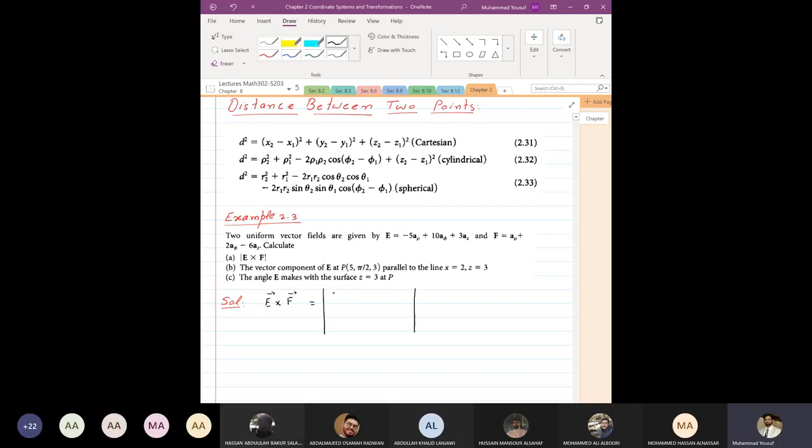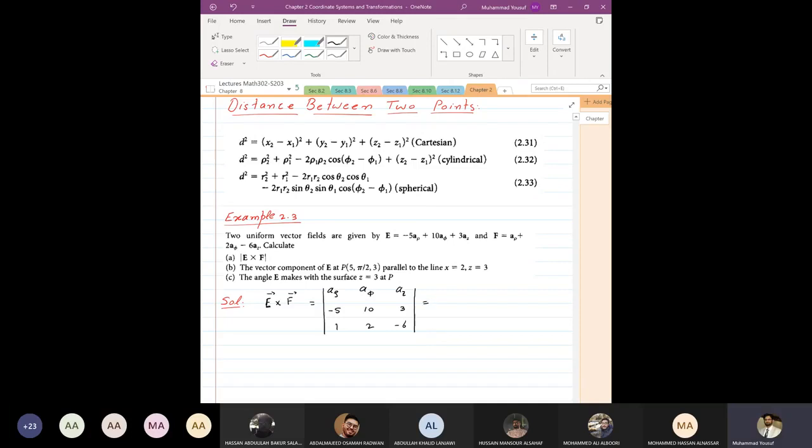So first will be A sub rho, then A sub phi, then A sub z. The components of vector field or vector E, -5, 10, 3, 1, 2, and -6.